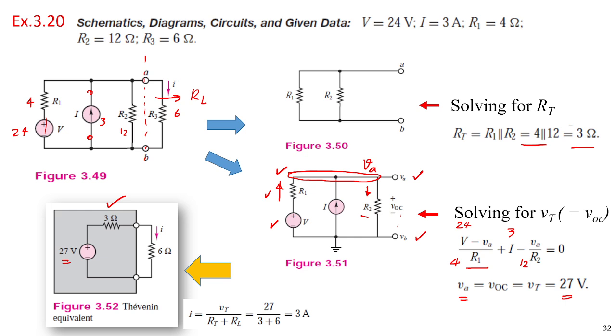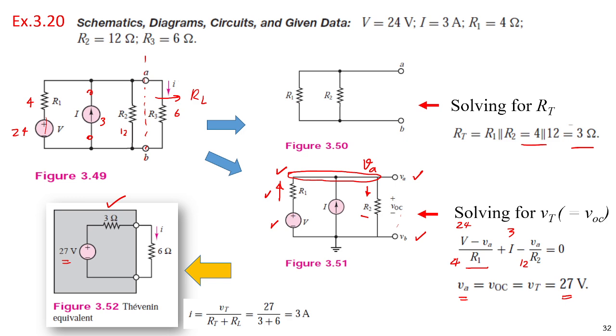If you solve for I from this circuit, it will be equal to solving for I from this circuit. If you use this circuit very often, it's more convenient to transform into this circuit. Sometimes we connect 6 ohm, sometimes 5 ohm, sometimes 1 ohm, but you get the same value.